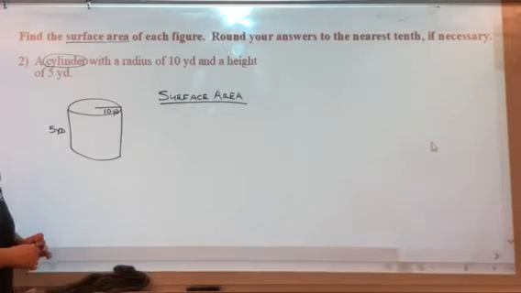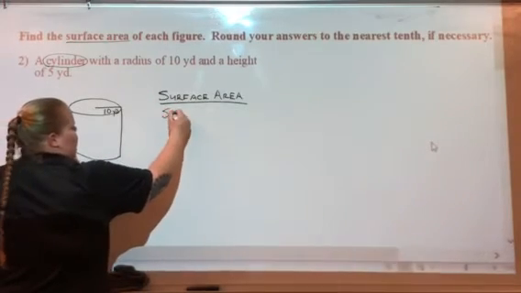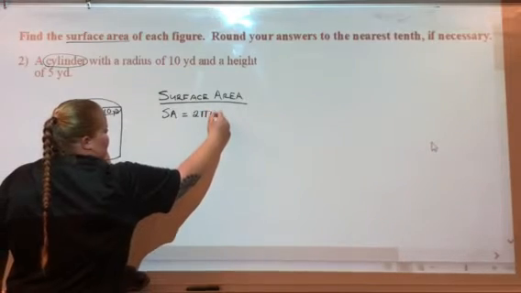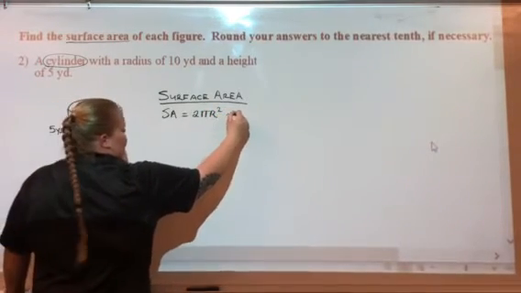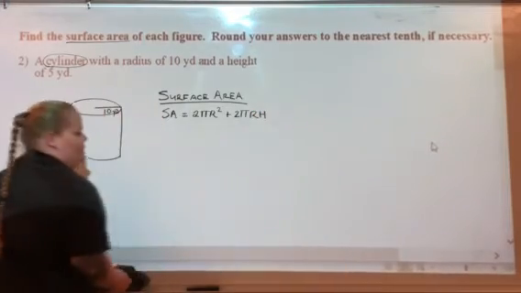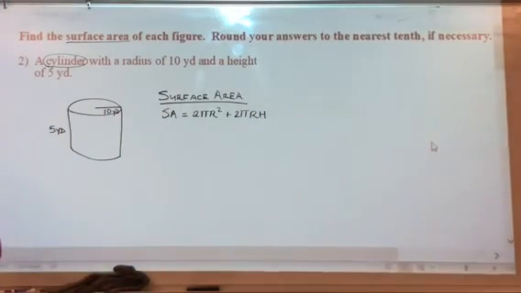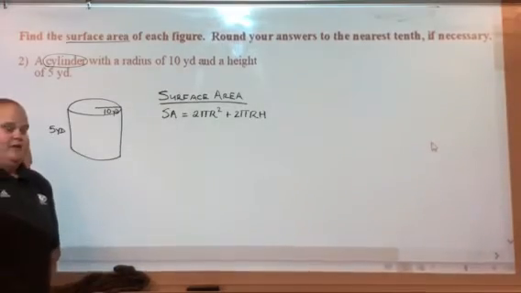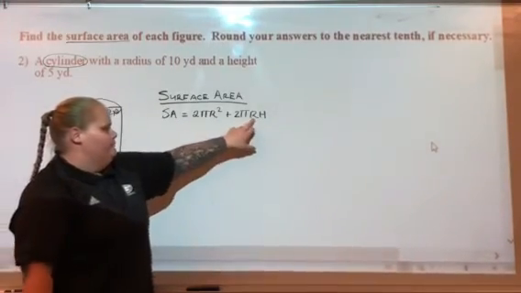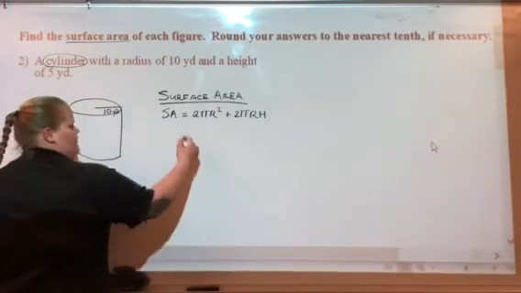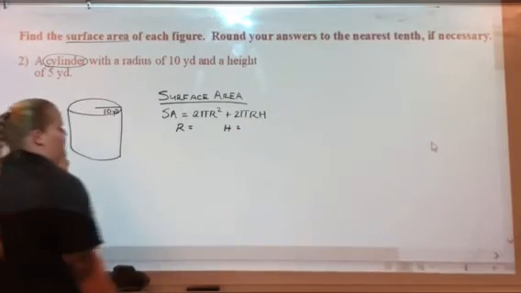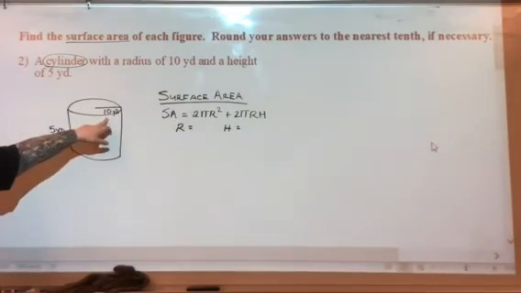So the formula for surface area, SA equals 2 pi r squared plus 2 pi r h. Okay, so again, we need to figure out what this formula needs. And just like volume, the only two things that it needs are R and H. So R, we already know, is 10.